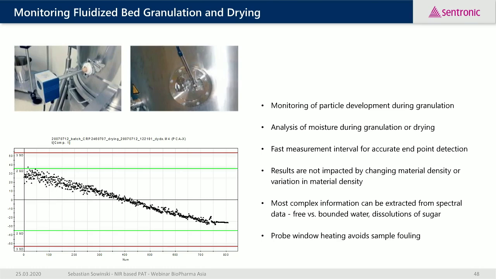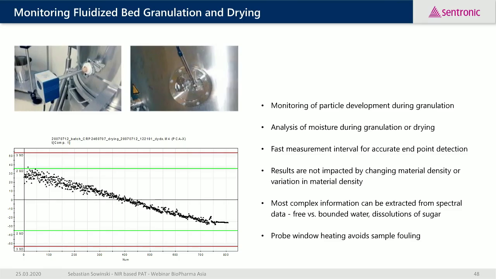The last application example I have here is the monitoring of the fluid bed drying or also granulation. It's again a challenging sample presentation. The probes are installed inside the process, slightly above the bed before it is fluidized, and once it is fluidized and comes up, spectra are acquired.